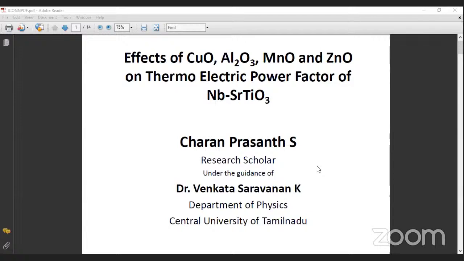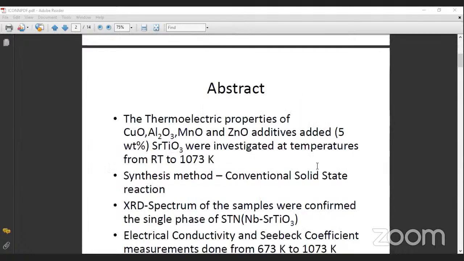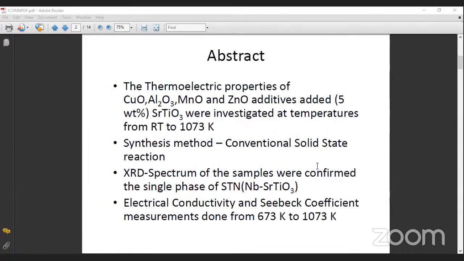My work is on the effects of copper oxide, aluminum oxide, manganese oxide, and zinc oxide added to Nb-doped strontium titanate. Let me introduce thermoelectric materials.